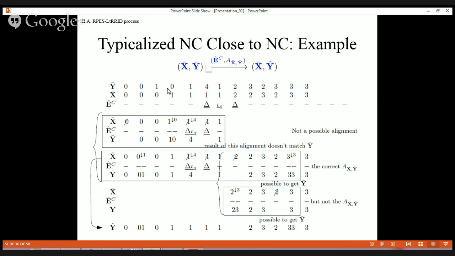The direction from the left-hand side to the right-hand side is more complicated because in general, X and Y are difficult to align.